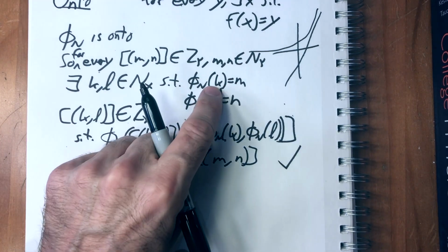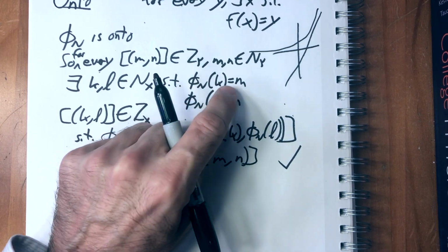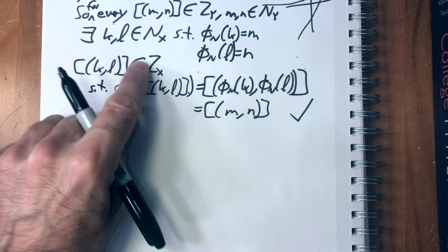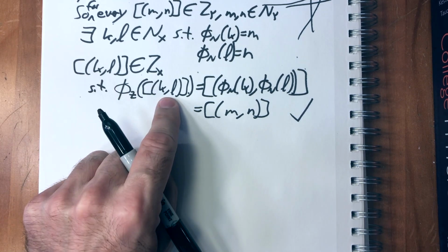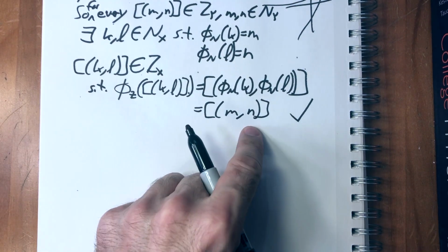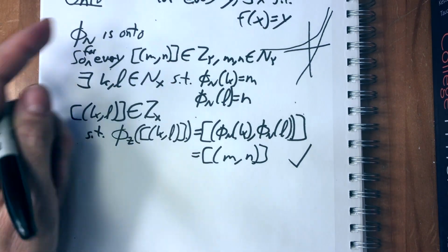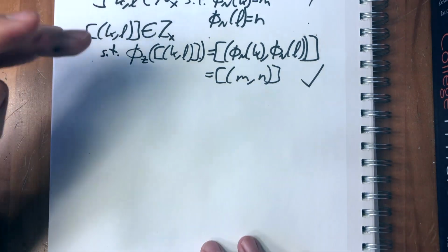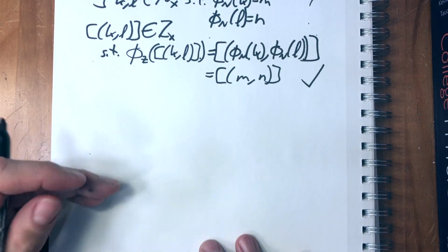That means that we know that there's a k and an l in the naturals in x that are mapped to m and n. So that means that the k and the l as an integer in x, if we take the map of the kl, it equals the mn. That's what we needed to show. That for any mn in y, there is a kl such that the map goes to mn. Okay, so we've shown that phi of z is well defined, 1 to 1, and onto.